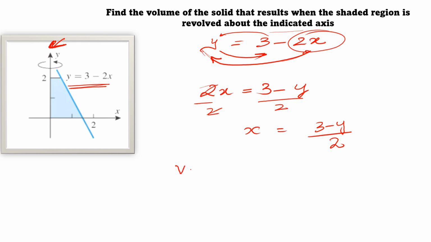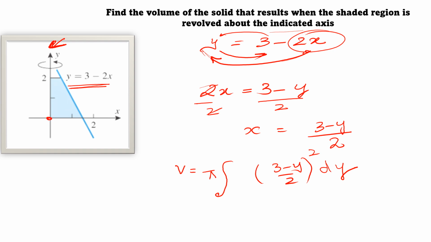Now to find the volume of the solid which revolves around the y-axis, we will write pi outside, (3 minus y) over 2 inside. Don't forget to put the power 2 and we will write dy. Now we have to write the y values.